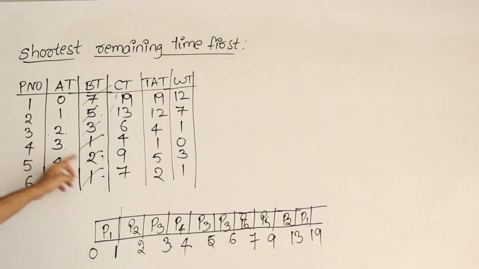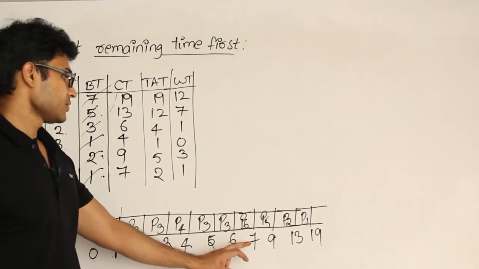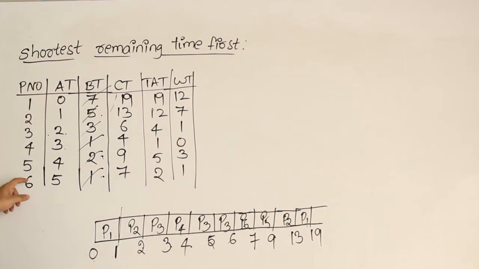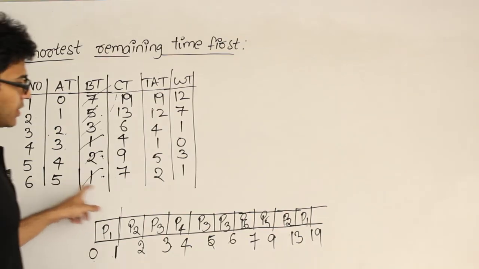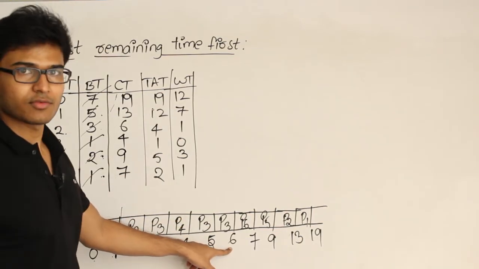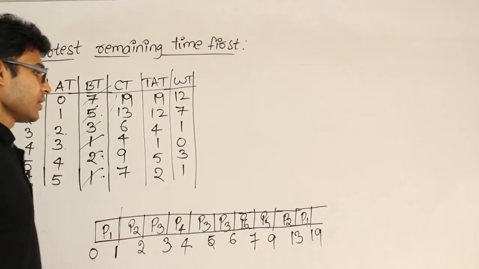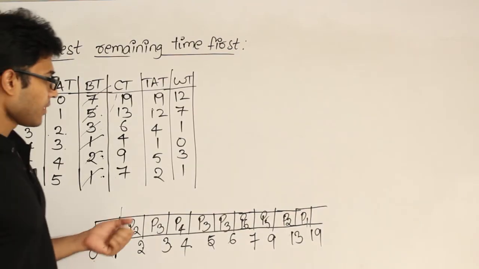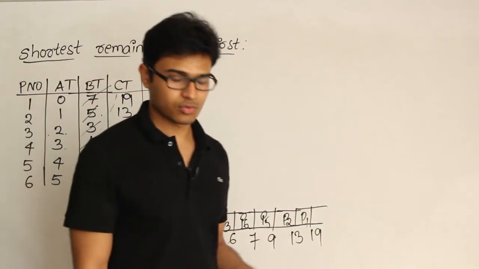P4 also arrived at 3 and is running at 3, therefore response time is 0. And P6 arrived at time 5, but it was running at time 6 for the first time, therefore response time is 1. You have to wait for 1 unit of time. Like that you can find out the response time. Not very important, but you could know about it.